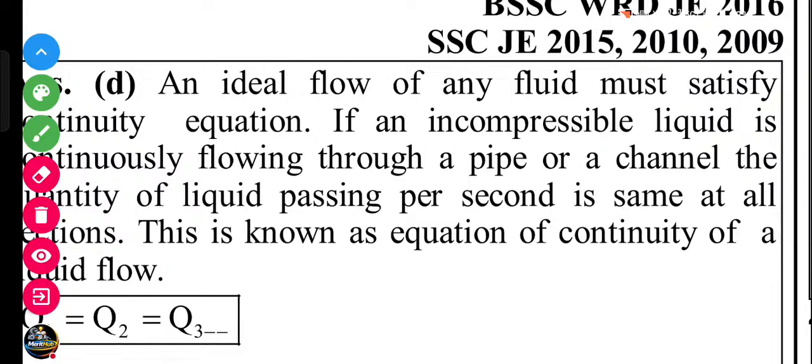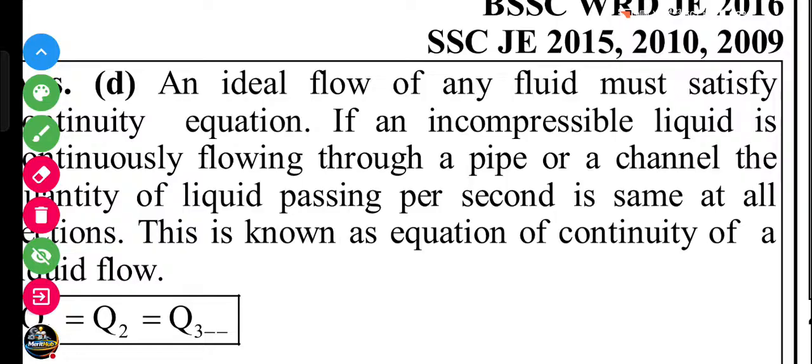This is the given explanation: any fluid must satisfy the continuity equation. Even for an incompressible liquid flowing continuously through a pipe or channel, the quantity of liquid passing per second is the same at all sections.